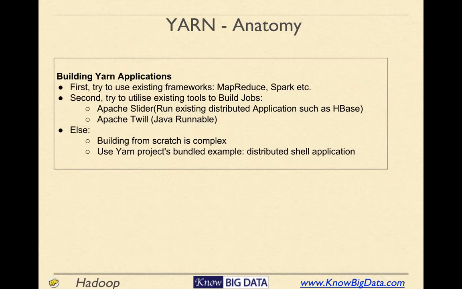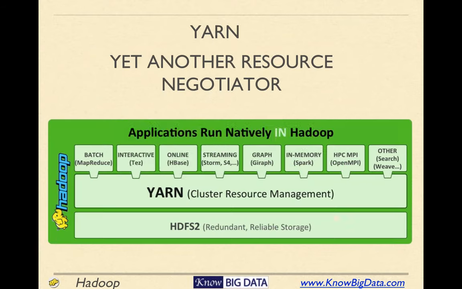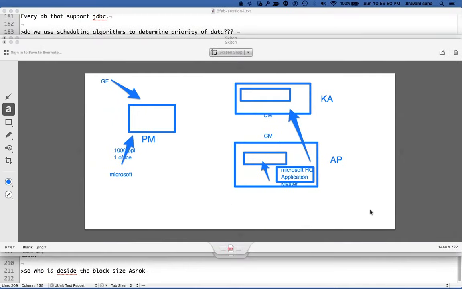Otherwise, if you want to build from scratch, be aware that it is complex. Use the YARN project's bundle called distributed shell if you want to build your own. Okay, going back and taking your questions now.